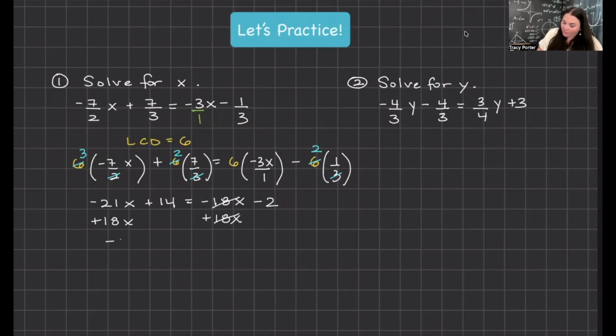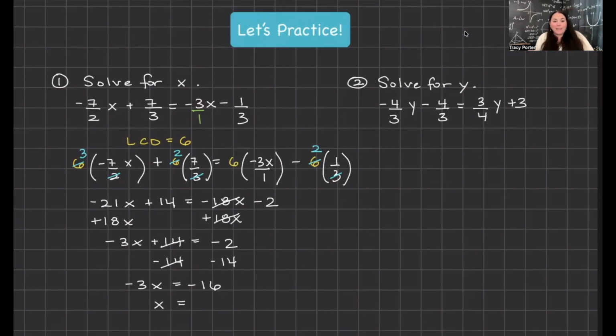That gives us negative 3x plus 14 equals negative 2. We subtract 14, and so you have negative 3x is negative 16. Dividing both sides by negative 3, x is going to be 16 over 3. That will be our final answer for this particular problem.